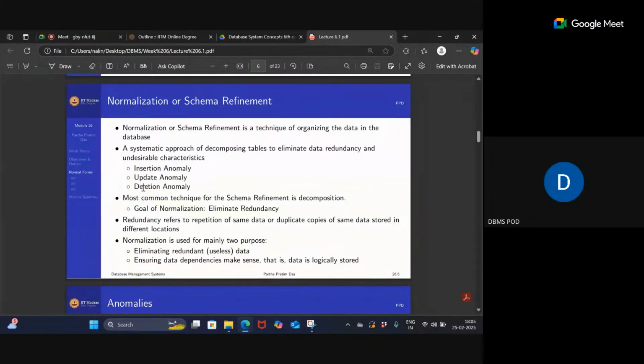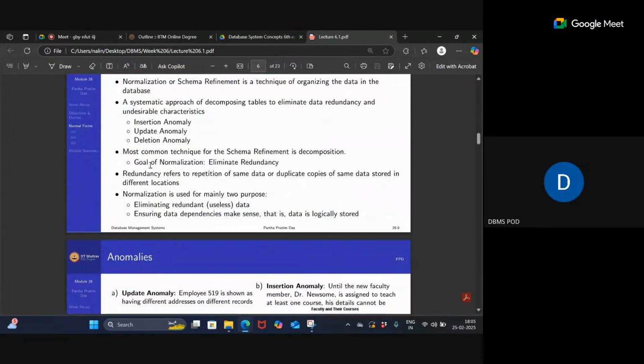These are some of the anomalies: insertion anomaly, update anomaly, and deletion anomaly. We'll see what these anomalies mean in the coming slides. The most common technique for schema refinement is decomposition.